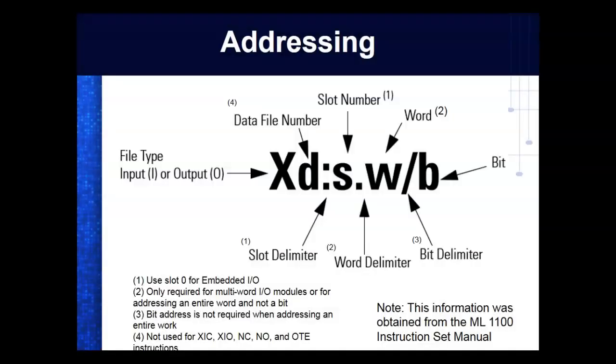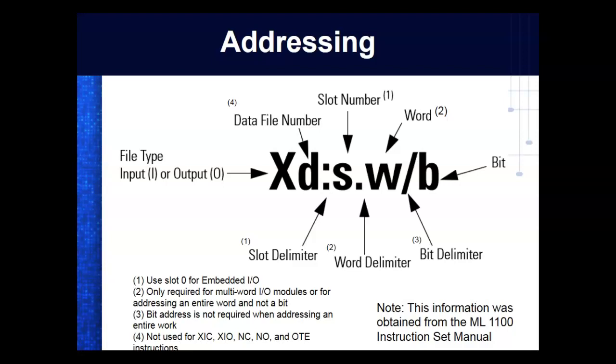Right? This is the syntax for an address. Everybody okay with that? We talked about this several times. So we start off with a file type: I, O, B, T, C, all different types of information. Then we put a data file number. The only time we don't put a data file number is for inputs and outputs. We can if you want to.